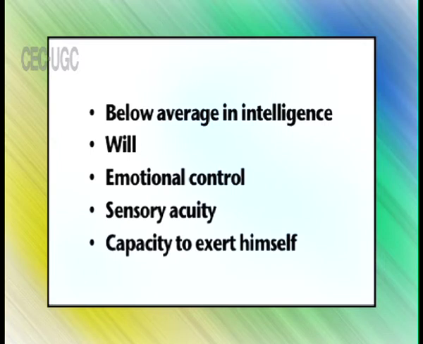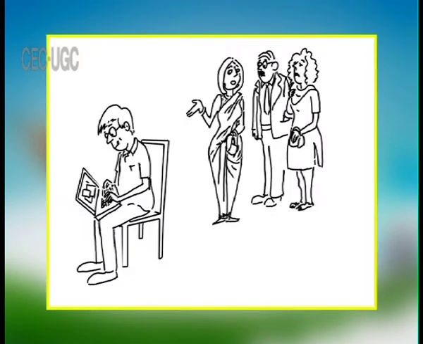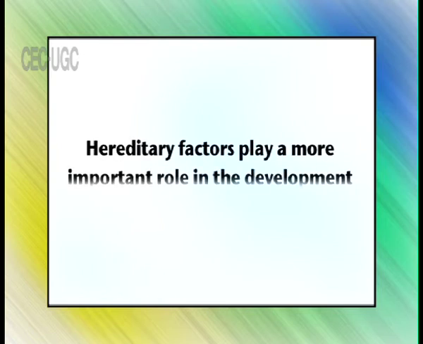He is suggestible, lacks persistence, slow in thought and action, and unsociable. Perhaps hereditary factors play a more important role in the development of this type. On the other hand, an emotionally stable person is calm, even-tempered, carefree, and thoroughly reliable.